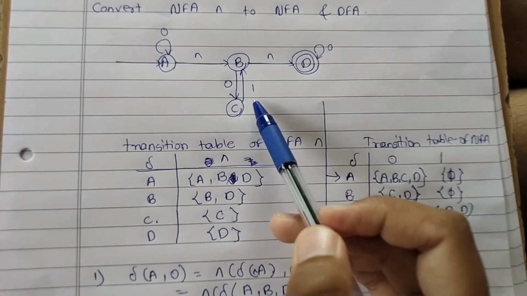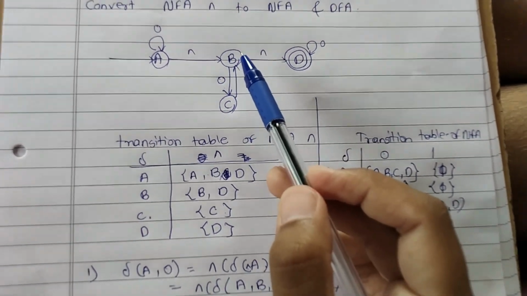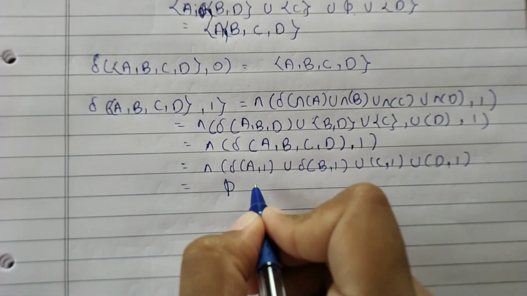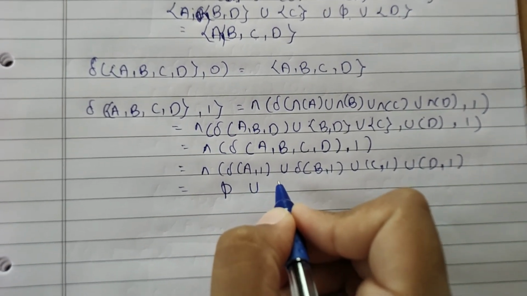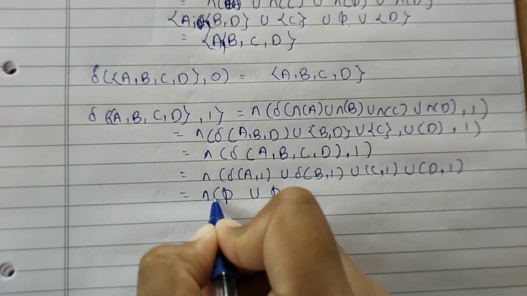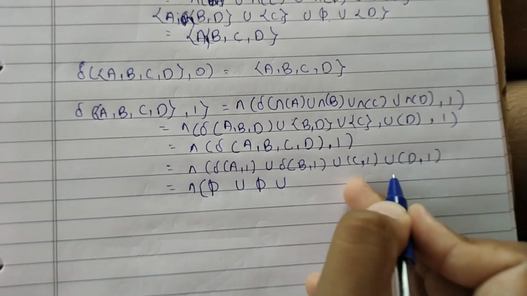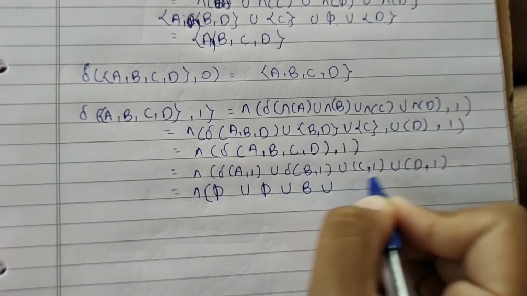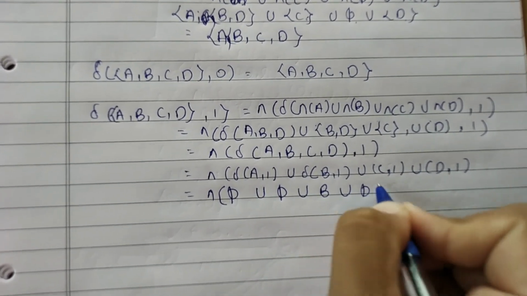So only C comma 1 gives the value B. So first A does not read 1, union B also does not read 1, so this is also null, union C comma 1 which reads B, union this D comma 1 is also null.